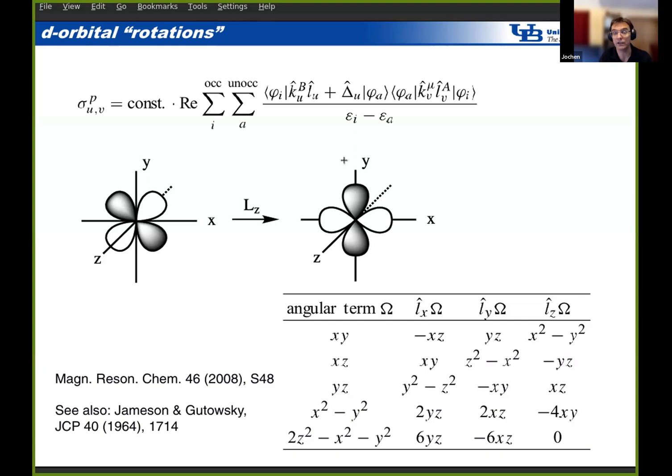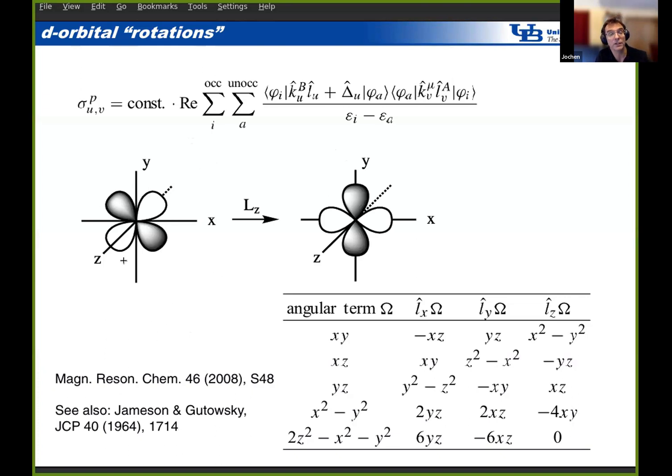So basically, if you have some kind of magnetic coupling when the magnetic field acts on these d-orbitals in the valence shell, people have used these so-called orbital rotation methods to describe this influence of the magnetic field.